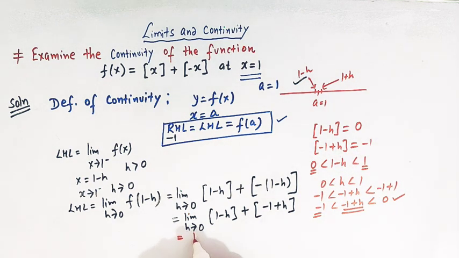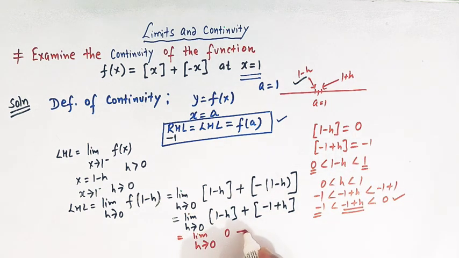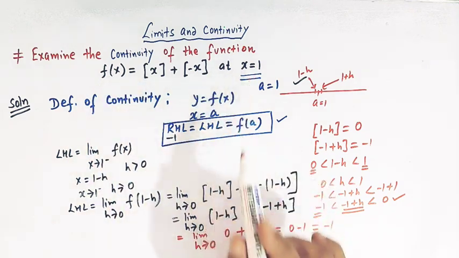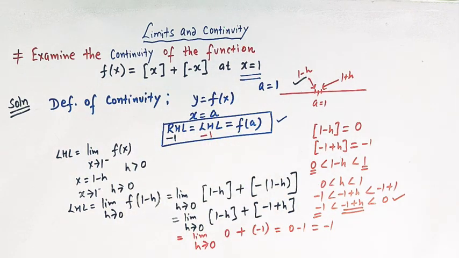So now we can write limit h tends to 0, greatest integer of 1 minus h is 0, and greatest integer of minus 1 plus h is minus 1, right? Now we can omit the symbol for limits, and we have 0 minus 1, that is minus 1. So the left hand limit of this function at x is equal to 1 is minus 1.